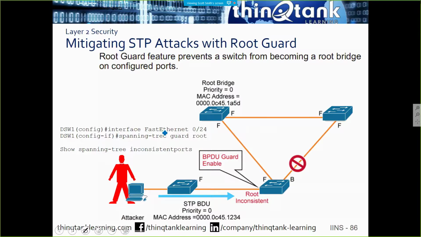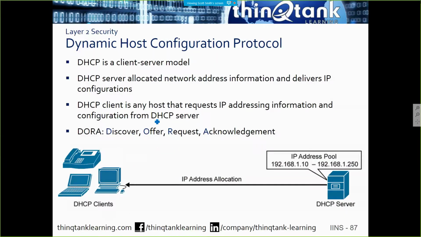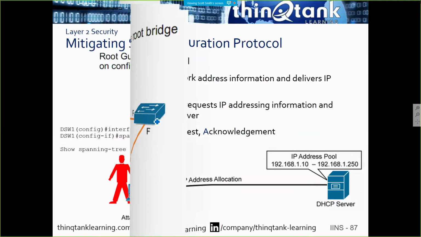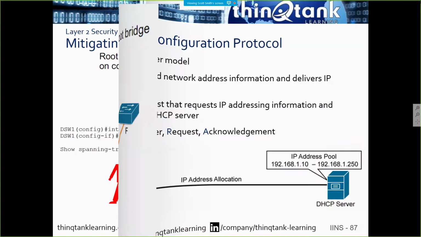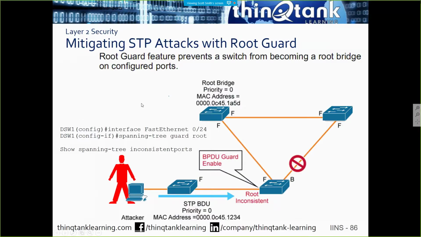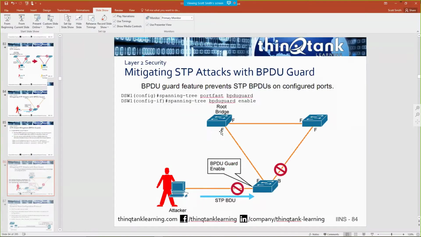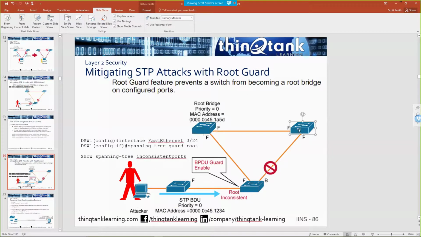But unlike BPDU guard, if the superior BPDUs stop, then the ports start operating again like normal ports. So it's blocking more traffic, but it's watching more traffic. It's still monitoring for BPDUs, but it is blocking host frames.